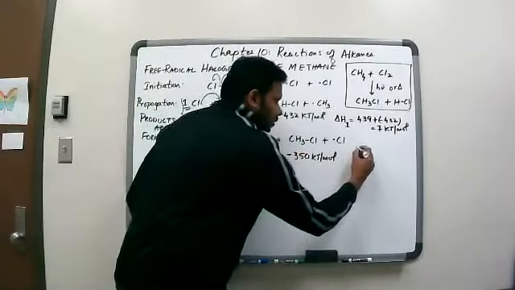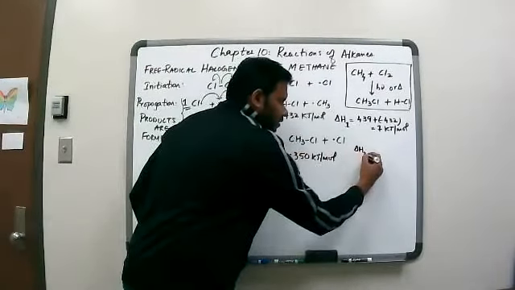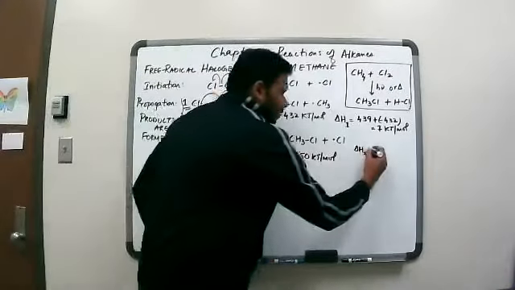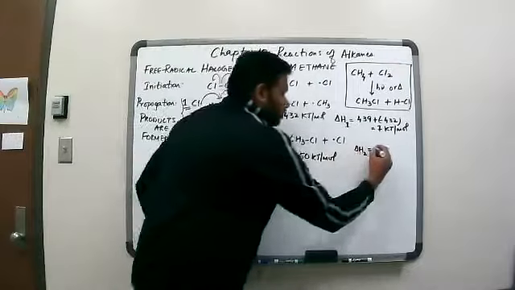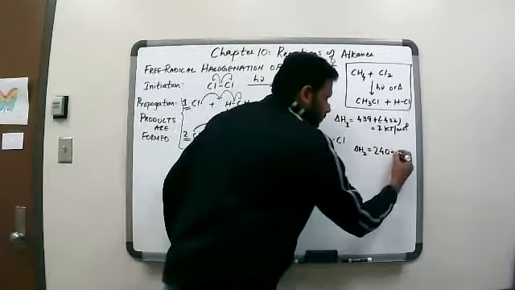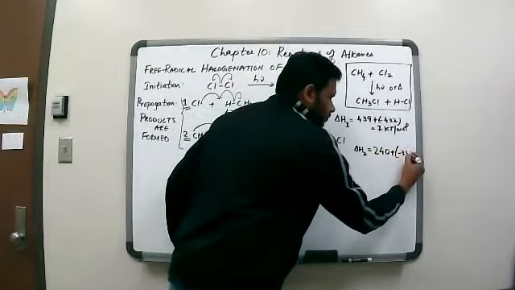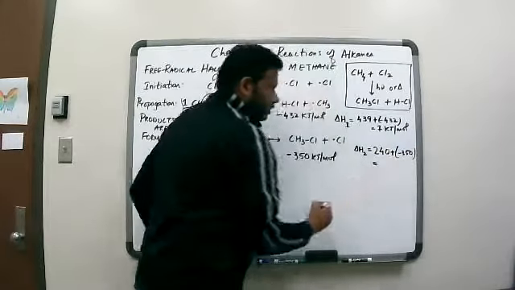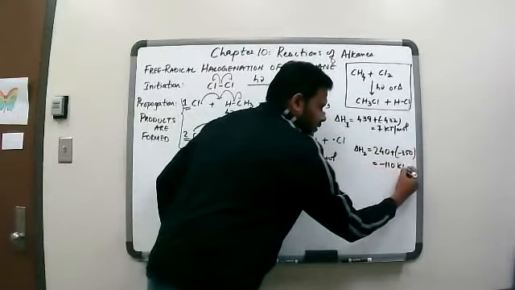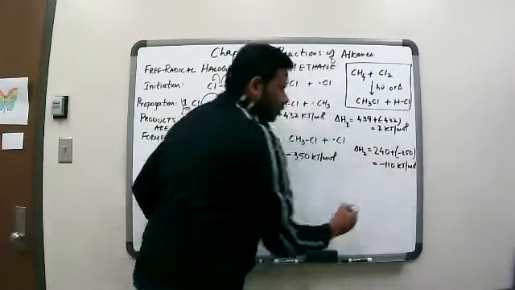And again, we can go ahead and calculate delta H for this second propagation step. And this is 240 plus minus 350, which is a negative 110 kilojoules per mole.